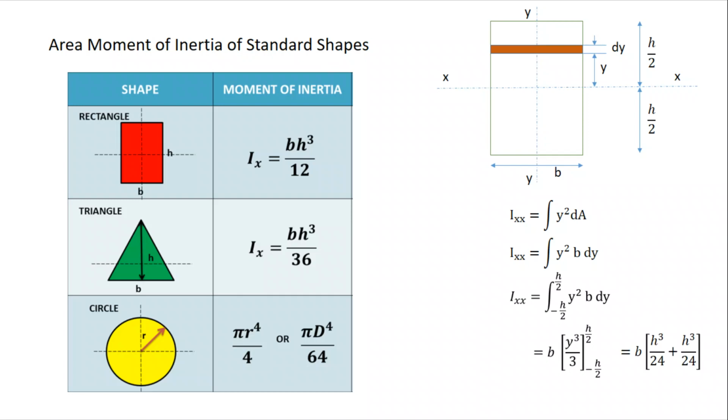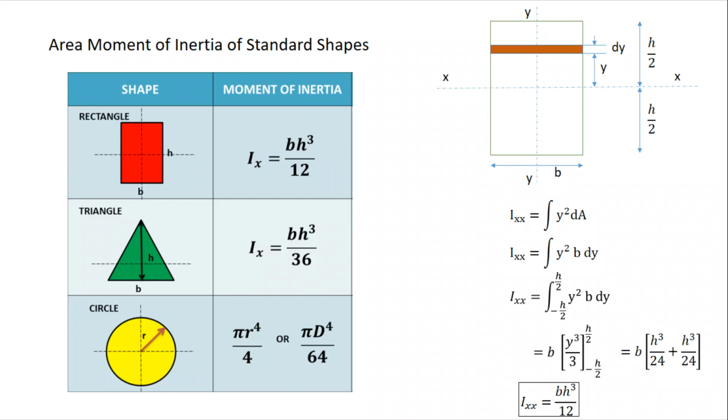Put the upper limit minus the lower limit. So we get b into bracket h cube by 24 plus h cube by 24. Simplifying, the moment of inertia about the x-axis is bh cube by 12.